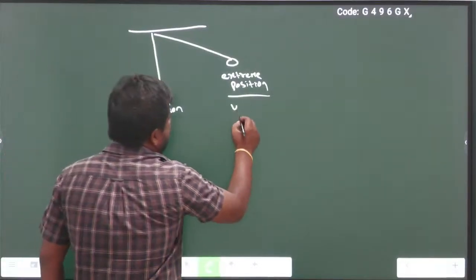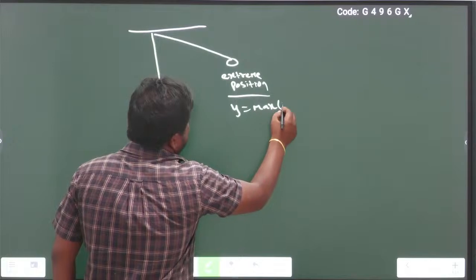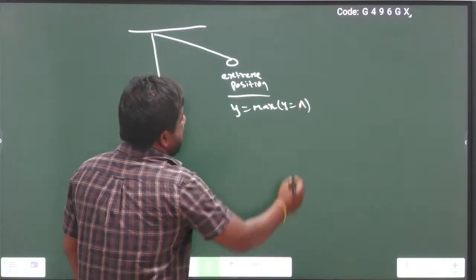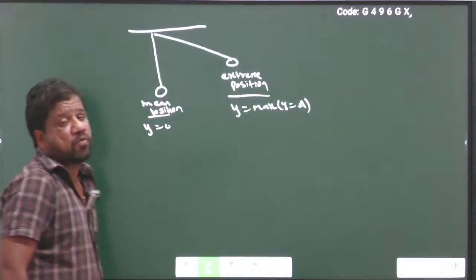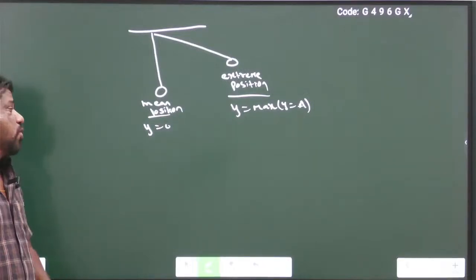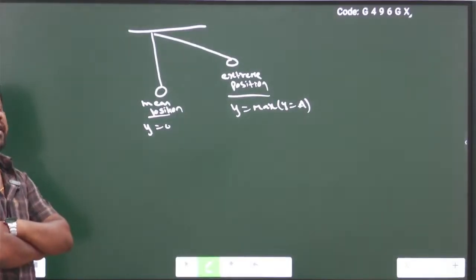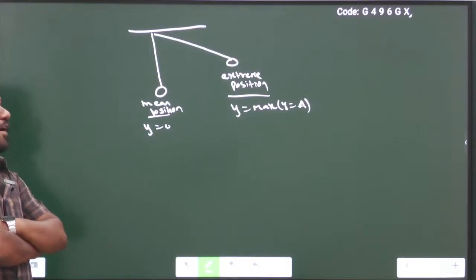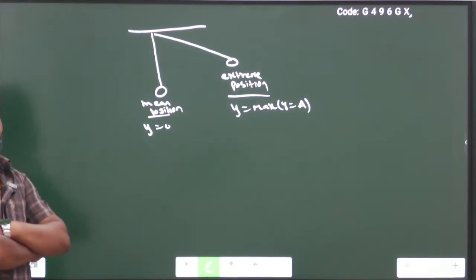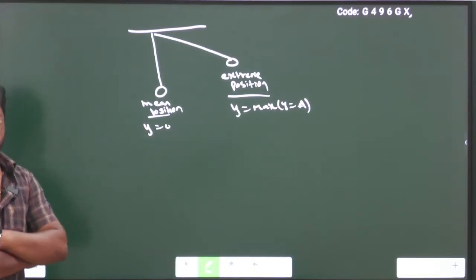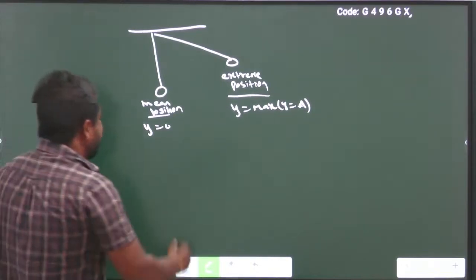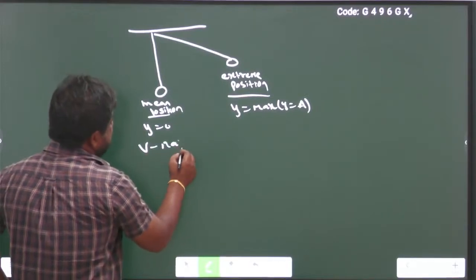Here displacement is maximum. Do you know what maximum displacement is called? Amplitude. At the mean position, displacement is 0. At the extreme position, displacement will be maximum. Maximum displacement is called the amplitude of the wave. Now here velocity is maximum.